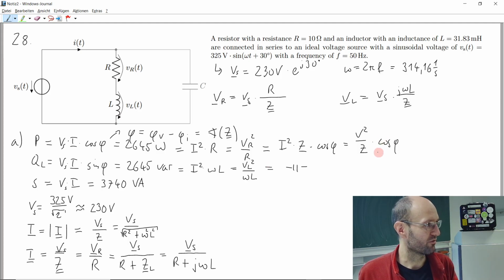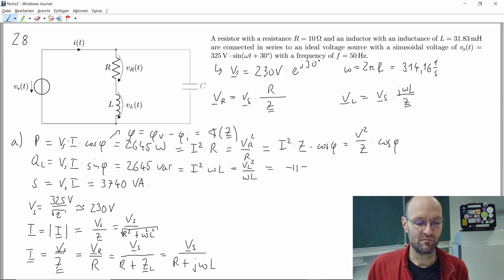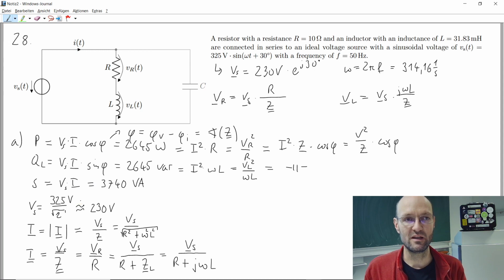Does this answer your question? Okay. Would there be another way to calculate this apparent power instead of using the product of current times voltage?